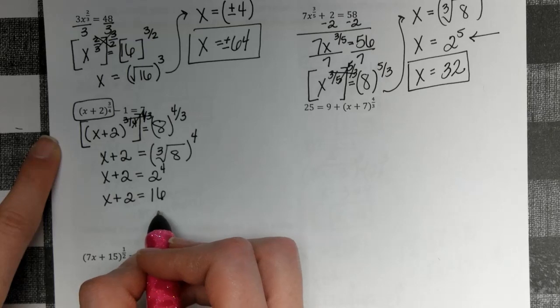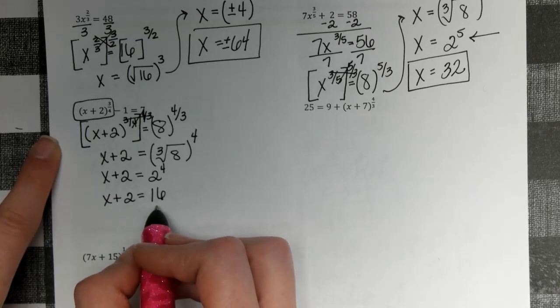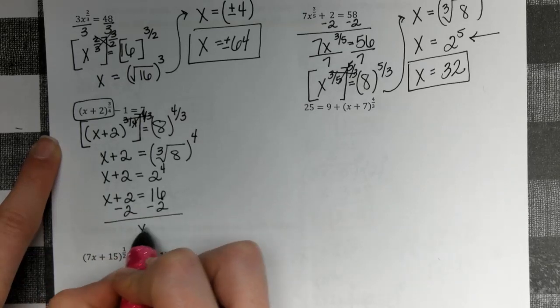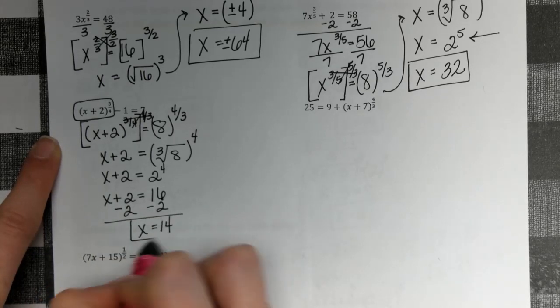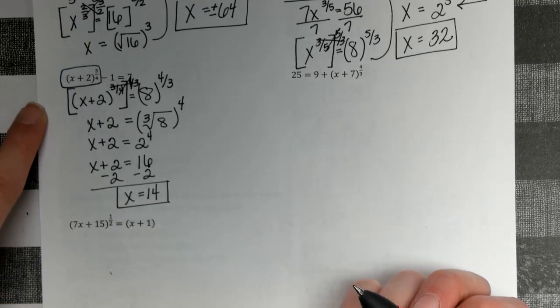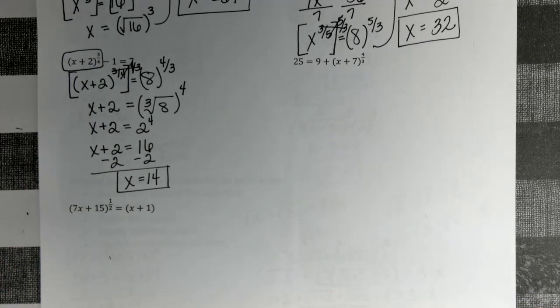So x plus 2 equals 16. Subtract your 2. X equals 14. Y'all want to try the next one on your own?